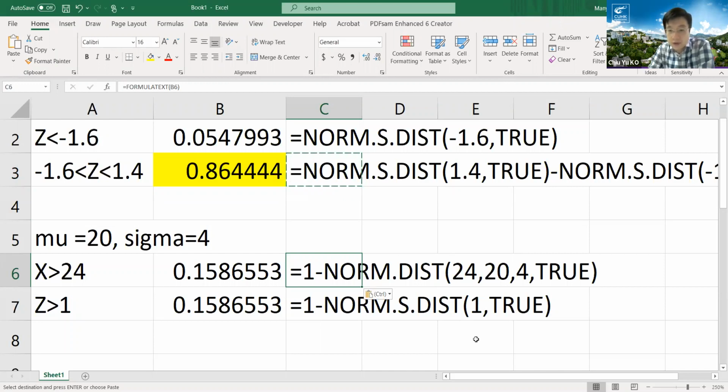I will leave you in the break, if you want, to do between 16 and 24. Which one to use doesn't really matter. For convenience, you can just use NORM.DIST, because you can input the mean and standard deviation directly.